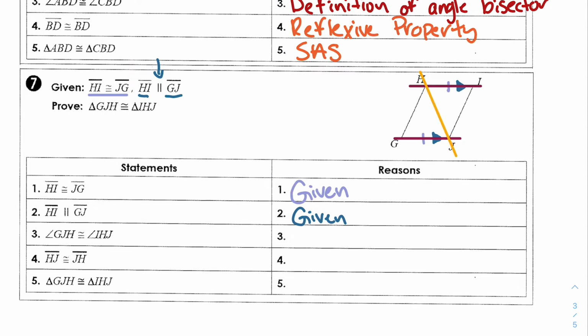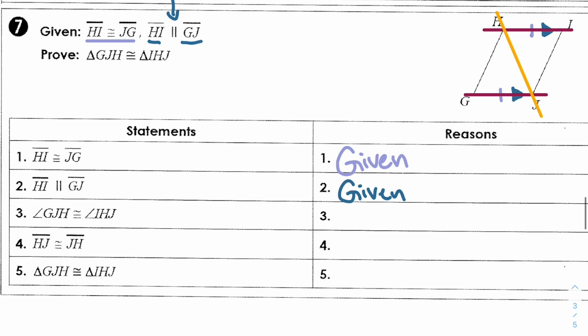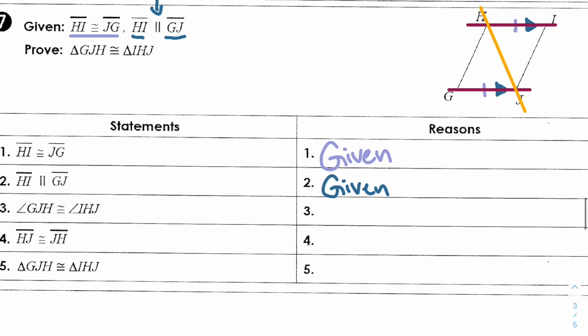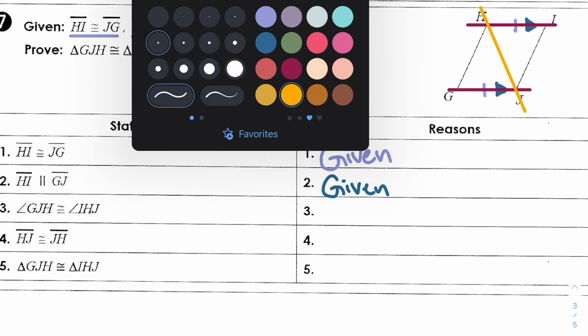It starts with a T. It's a transversal. So we look at statement number 3. It says that angle GJH, so it's this angle right here, is congruent to angle IHJ, so this one right here. Okay, so let's mark that.